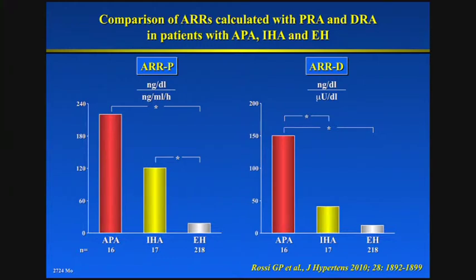And that, of course, can be calculated with both the classical plasma renin activity or the new direct renin assay. This slide is taken from a paper that we generated in cooperation with the group of Padua and Rossi and co-workers, where you can see how this ratio can be useful in the diagnosis of primary hyperaldosteronism.